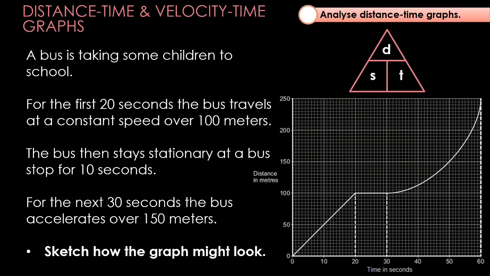The number of meters traveled per second is going up. So, for instance, for the first 10 seconds, we travelled about 12.5 meters. But for the 10 seconds after that, we travelled about 37.5 meters. And for the 10 seconds after that, 100 meters. So we're actually going faster and faster. The speed is increasing. And we show that on a distance time graph with a curve.